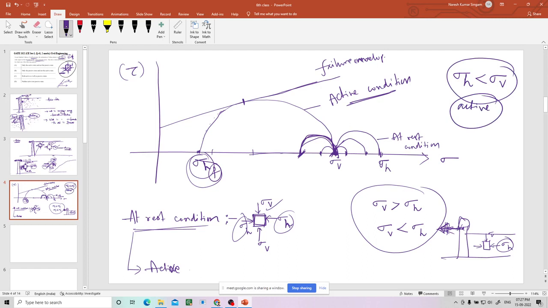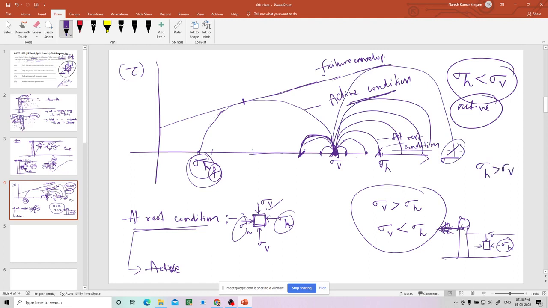For the passive condition, again sigma h will only change, but in this passive condition, sigma h will increase. Okay, so finally sigma h will go in this direction, then finally it will reach. That means at the end sigma h is on the right side of sigma v. That means sigma h is greater than sigma v.